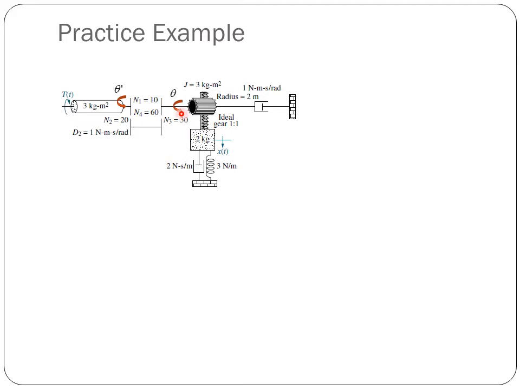If we choose, for example, theta dash, we have to move these parts all the way to the left side of the gear, so that is rather complicated. So we are going to write the equation based on theta.